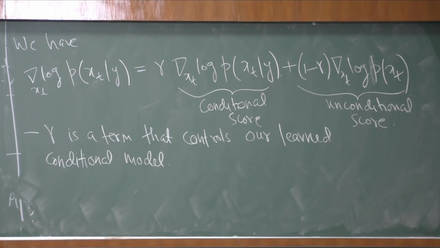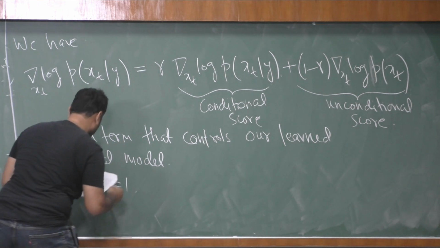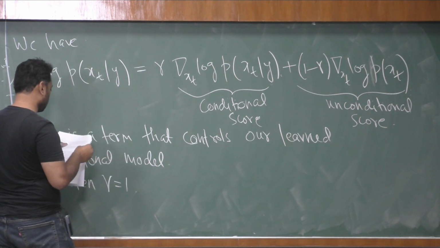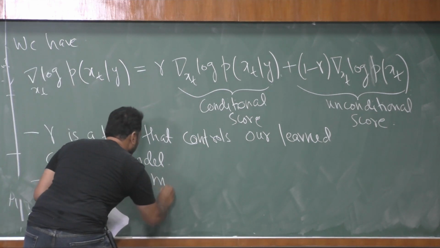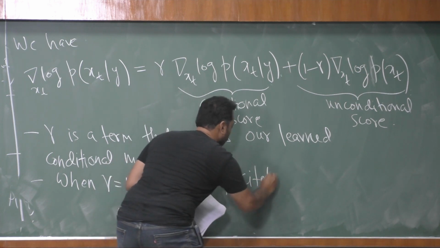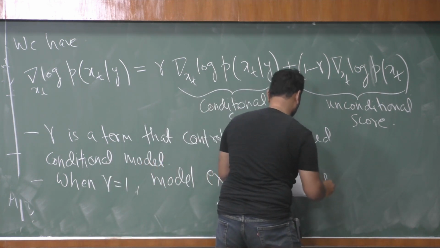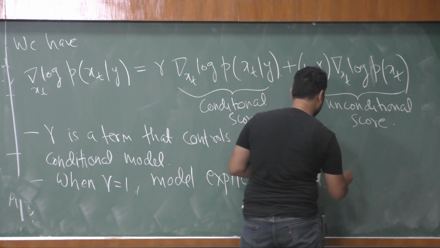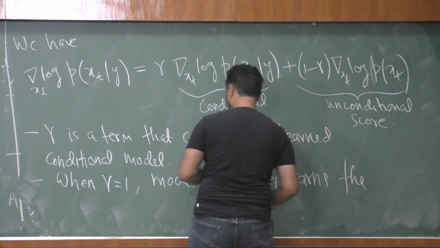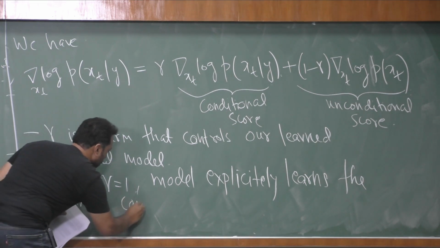Obviously when gamma is 1, the model explicitly learns the vanilla conditional distribution.